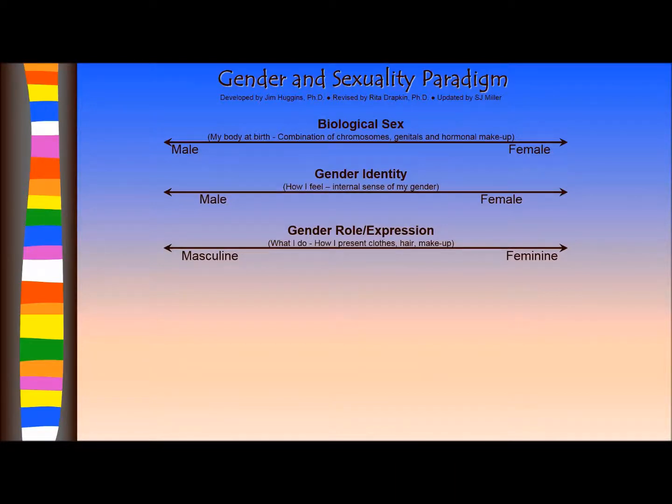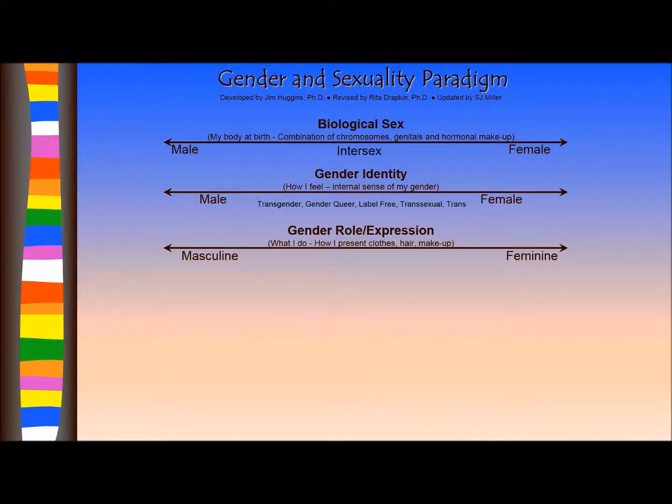Now let's apply some of the terms or identifiers to these concepts. With biological sex, I've already used the term intersex. As we turn to gender identity, there are lots of different terms that people may use.